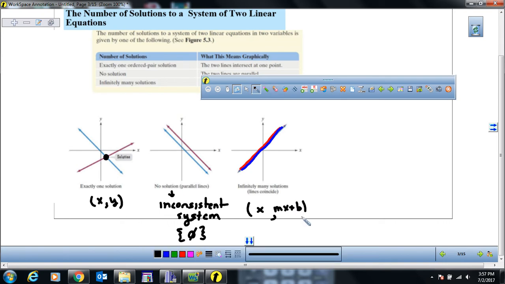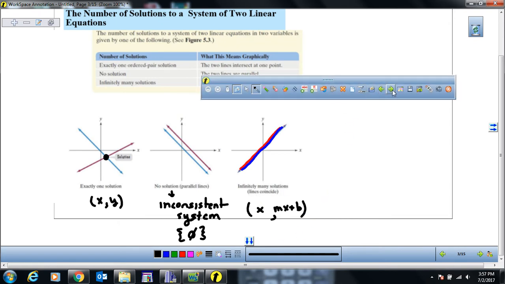We want to write the solution in terms of x or in terms of y, and the most common way is writing it in terms of x, meaning I want to write an equation with the letter x that will generate all the solutions for the system for any value of x that I substitute. If x is equal to 1, I get such a solution. If x is equal to 2, I get such a solution. If x is equal to 3, I get such a solution, and so on. So I need an equation that generates each one of the solutions.